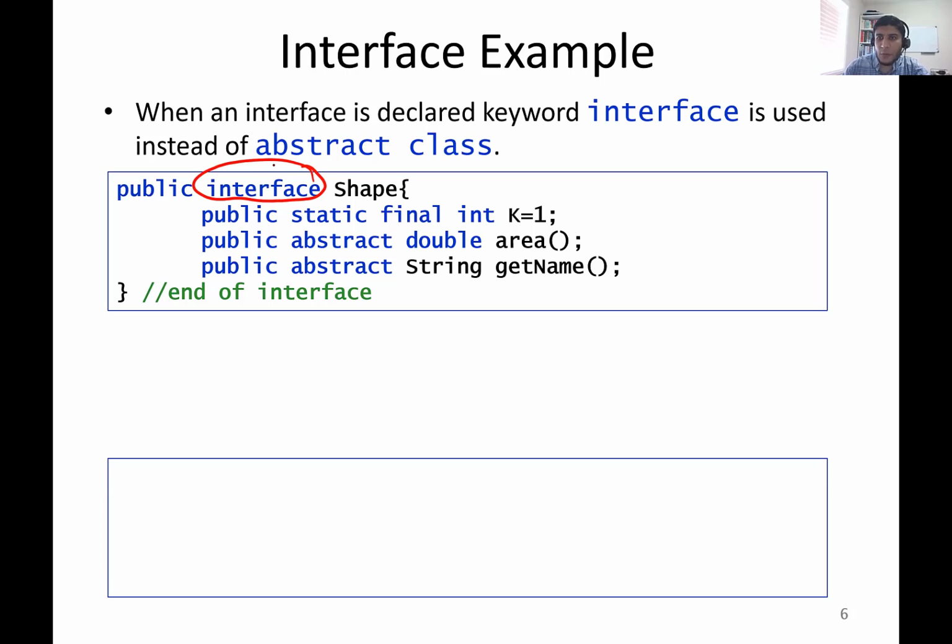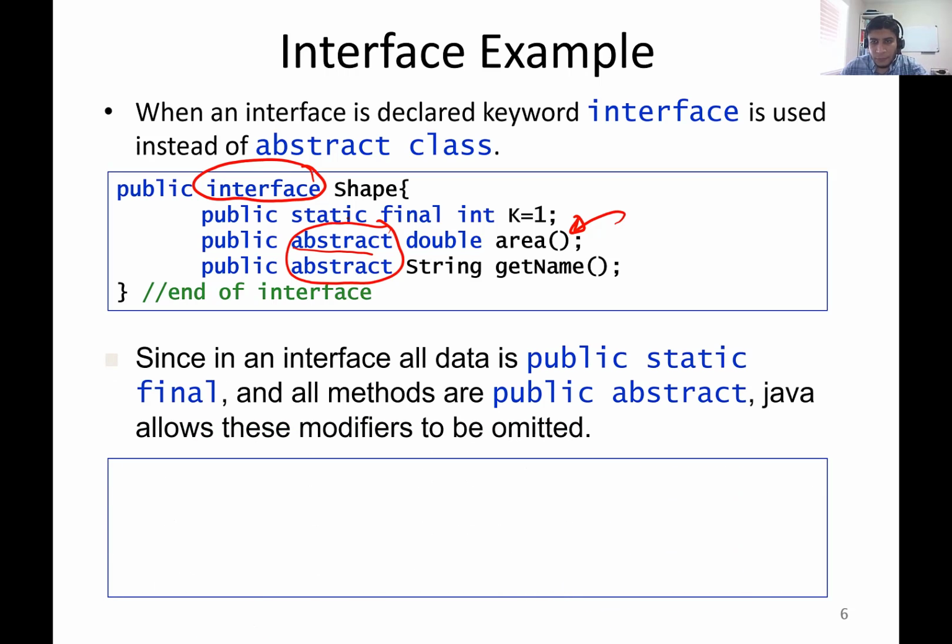It's just the area or the toString. Last lecture, if you remember, we defined the area method as abstract, but we implemented another method, like the toString, for example, and it was a concrete method, just to show you that it's possible to have both abstract methods as well as concrete methods in an abstract class. While for the interface, everything has to be abstract, right?